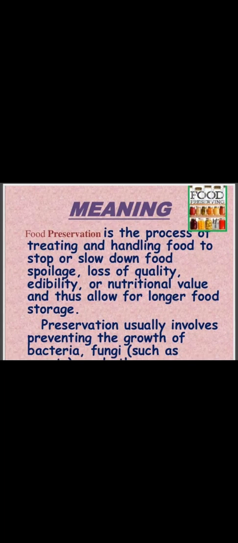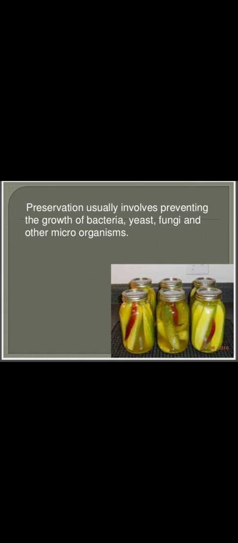So we can say that food preservation is the process of treating and handling of food to stop or slow down the spoilage of food. And food preserved by this method can usually be stored for quite a long time, and it can be used even when it is not available in the fresh form.